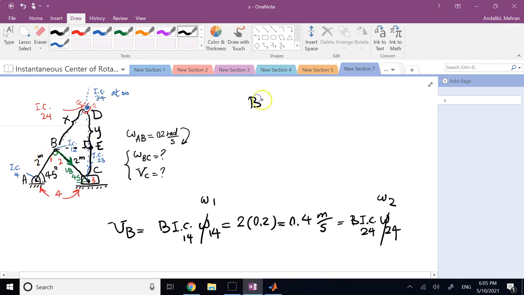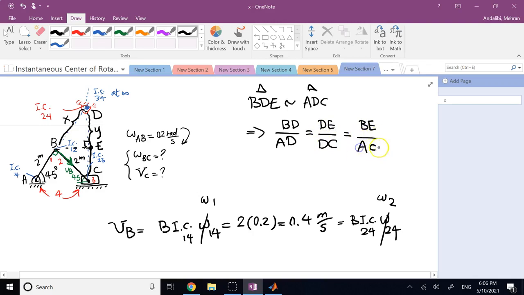So BDE is similar to DAC. And again, that means the ratios have to be equal. So it means BD over AD has to be the same as DE over DC, and the same as BE over AC.